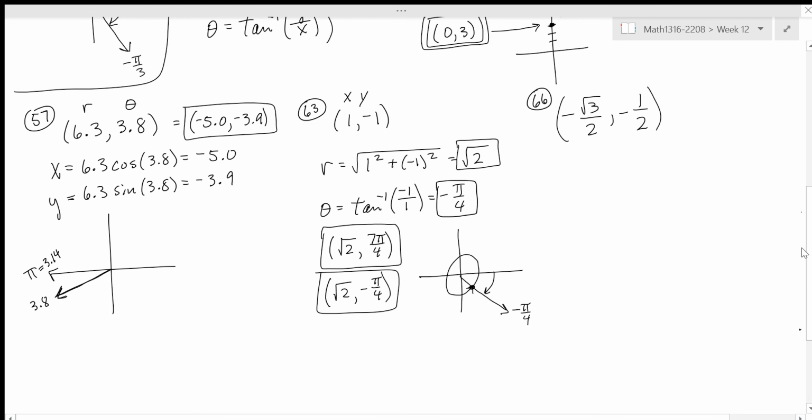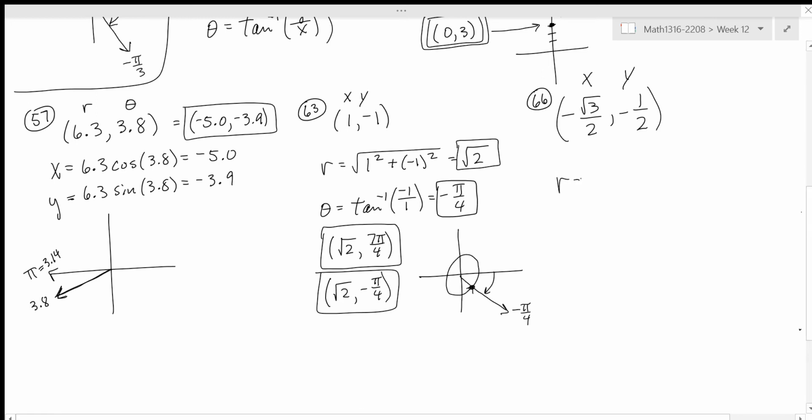Okay, so again, for this problem, it says rectangular coordinates are given. Find the polar coordinates. So what two letters do I have? I've got X and Y. I need R and theta.